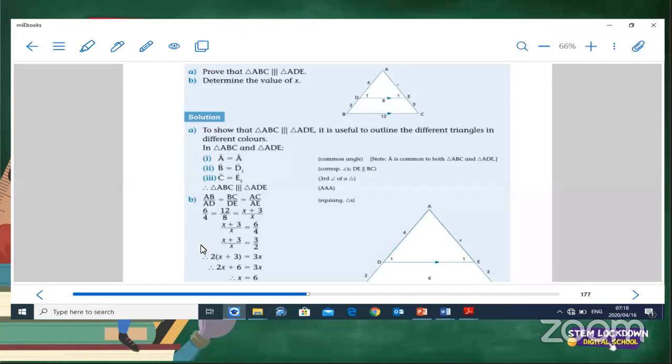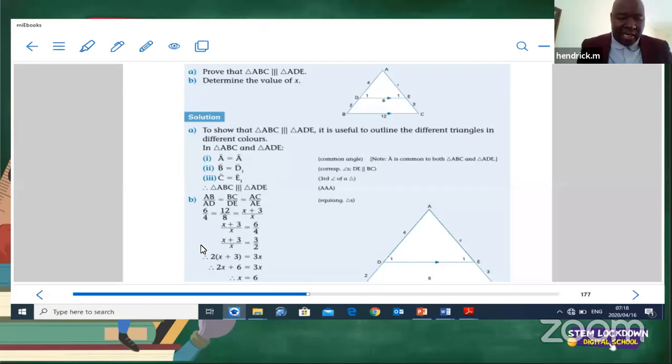You can say that AB over AD is equal to BC over DE, which in turn is equal to AC over AE. You can see that AB is 6, that is given, and AD is 4, then you substitute. BC is 12, DE is 8. And then AC, can you see AC in the bigger, original triangle?